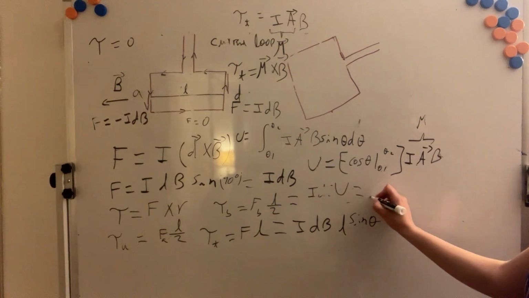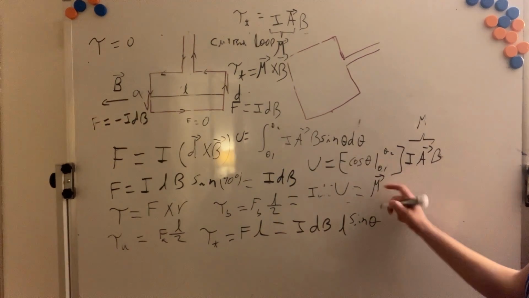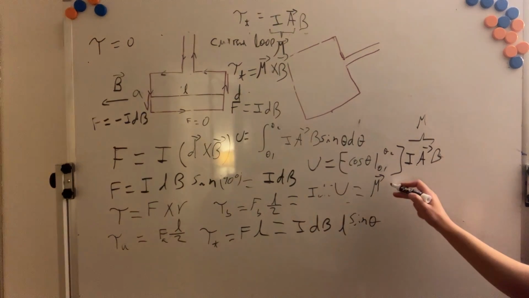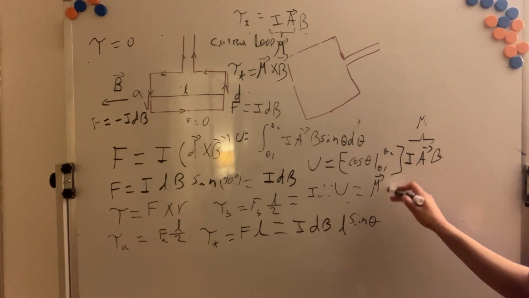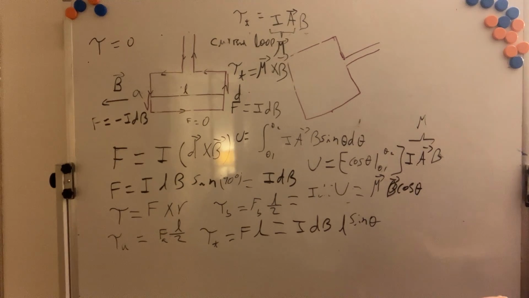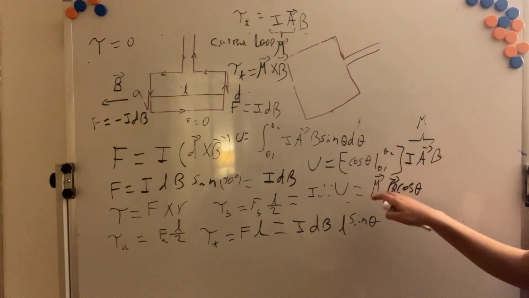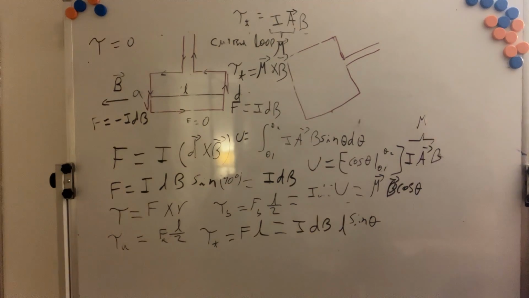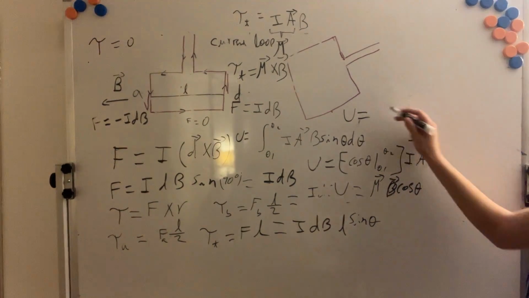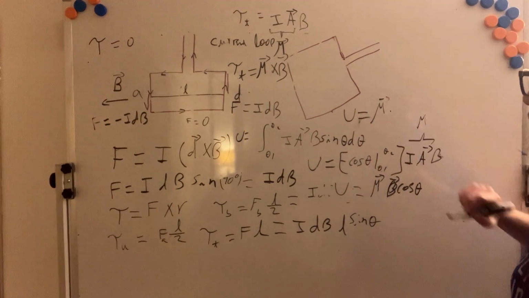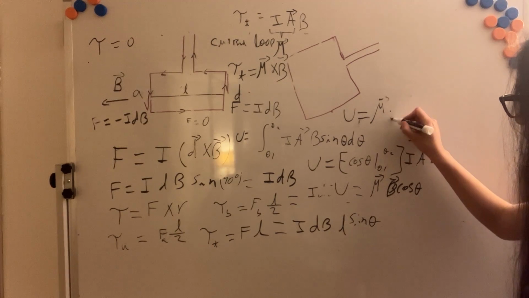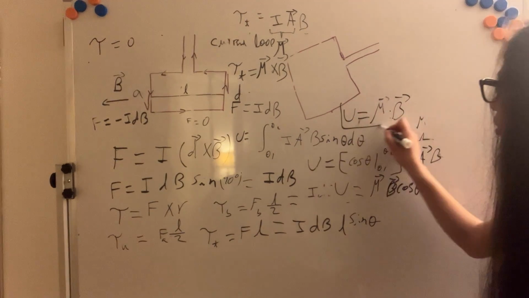So you have the magnetic dipole moment times the magnetic field times the cosine of the angle, and we have two vectors and the cosine of the angle between them. So we have that the energy is equal to the dot product of the magnetic dipole moment and the magnetic field.